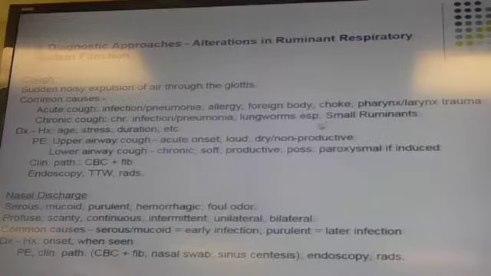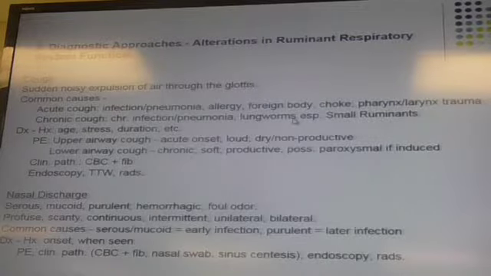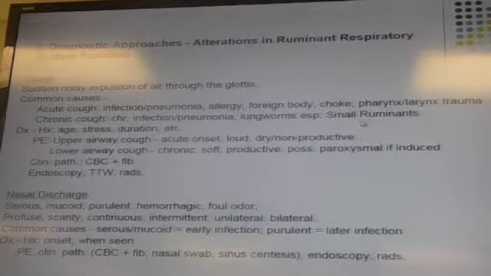And lungworms, especially in small ruminants, you can see the presentation through coughing. In larger ruminants, the presentation is not often coughing, or in horses, it's not often coughing that's the presentation. But in small ruminants, one of the causes of a chronic cough may in fact be lungworms.